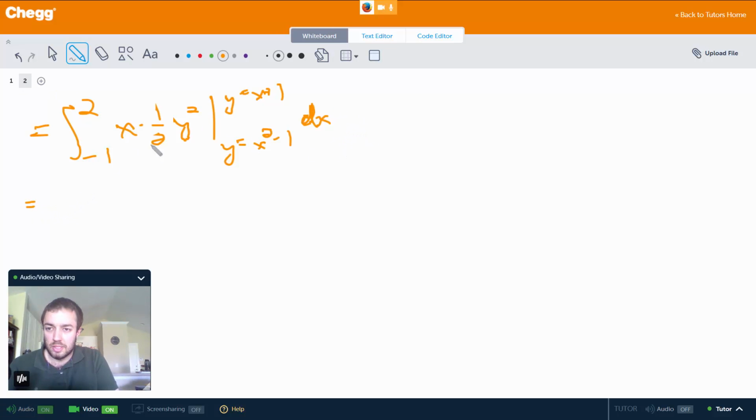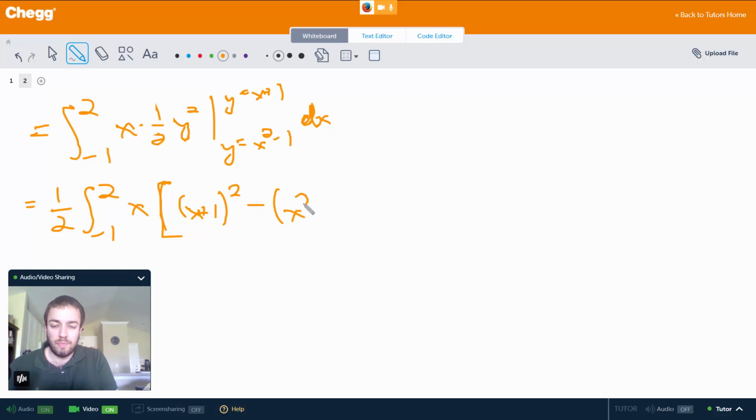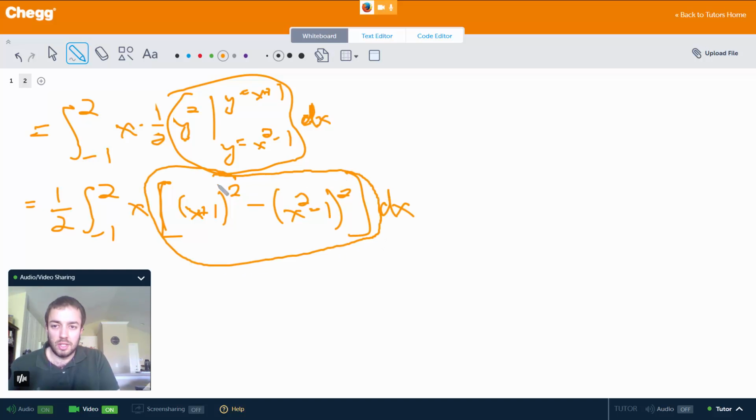So let's pull out the 1/2 also: 1/2 times the integral from -1 to 2 of x times (x plus 1) quantity squared minus (x squared minus 1) quantity squared, and then we still have a dx. Okay, so all we did was we basically simplified this. So this part that I just circled became this part here that I just circled.